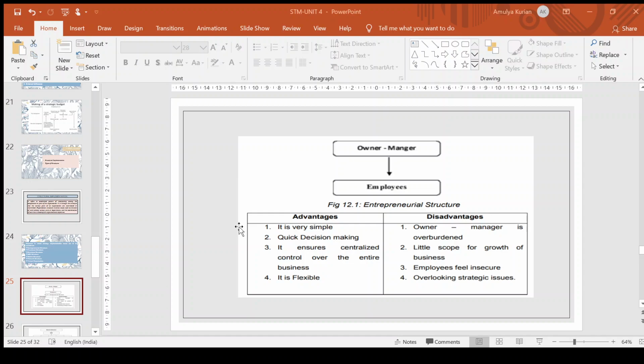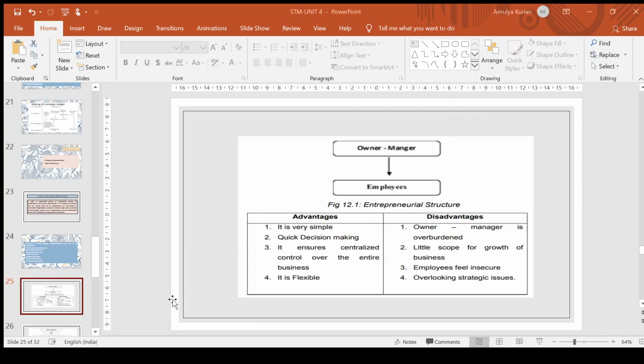It ensures centralized control over the entire business. It is flexible. And disadvantages, basically the owner or the manager is overburdened. There is only little scope of growth. Employees feel a little insecure, and certain strategic issues may not be looked upon in a detailed manner.